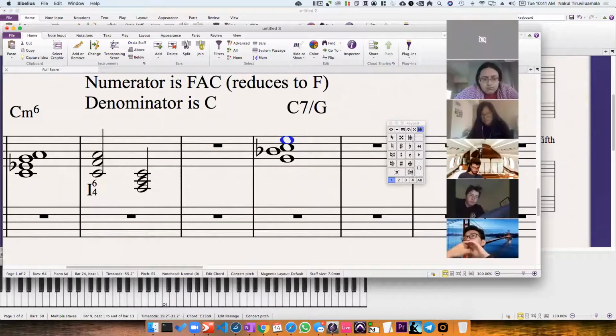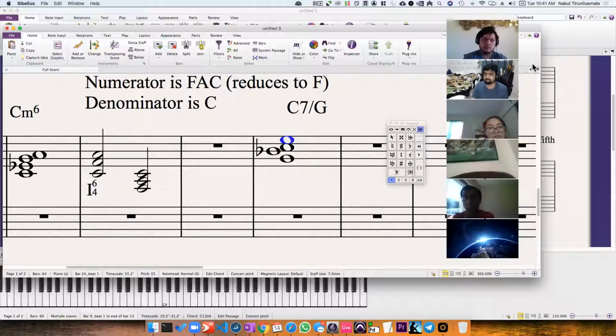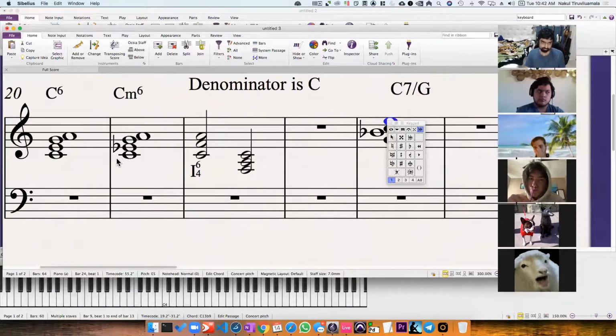I have a question. Sure. For the major and the minor 6, the distance from C to the 6th is not a minor 6 for the minor? No, it wouldn't be. That would actually be a different thing. That would actually be this.